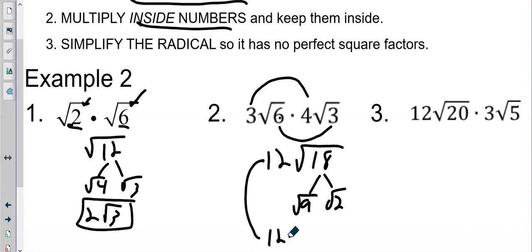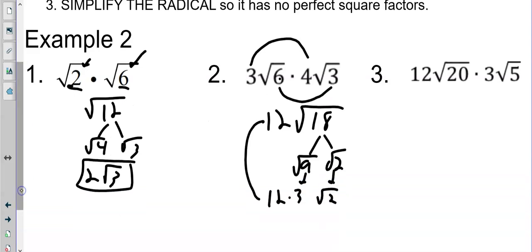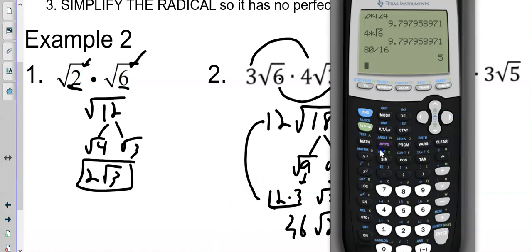Don't lose it. Now, what is the square root of 9? It's 3. This just tags along. And then I just do this. 12 times 3 is 36, radical 2. And once again, if you want to check your work, watch 3, 6, 4, 3. 3 times the square root of 6, times 4 times the square root of 3.